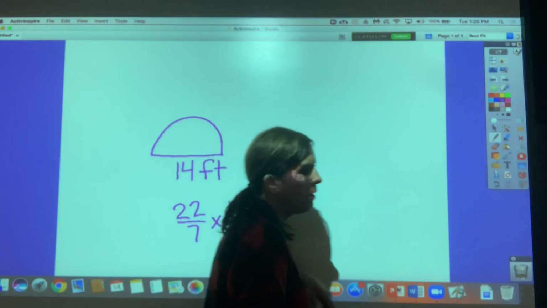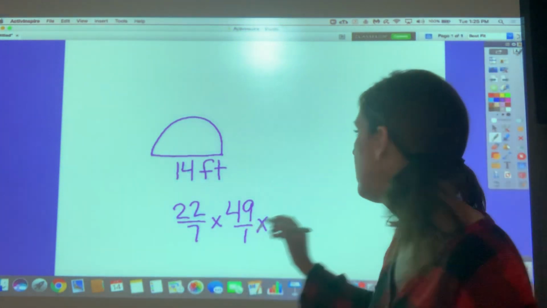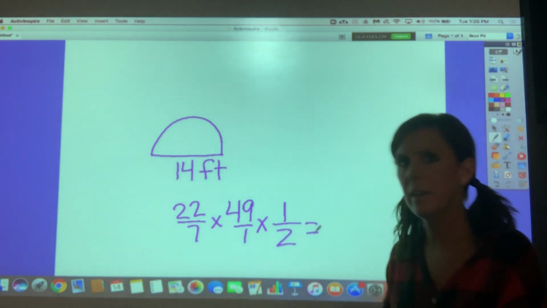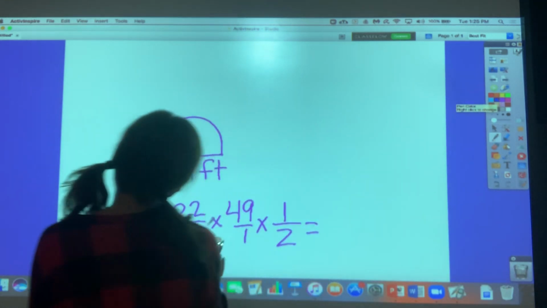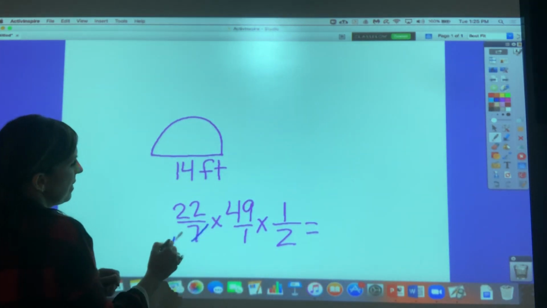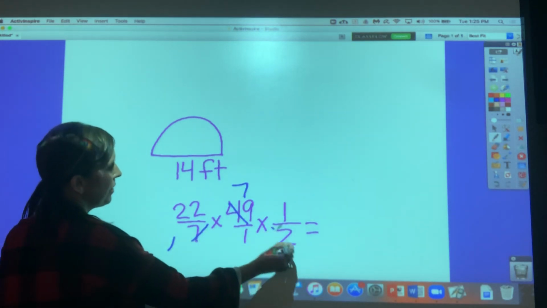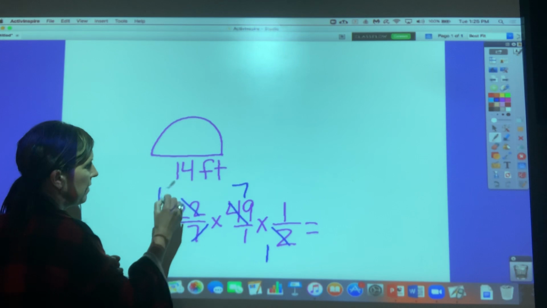Then again, like when we did circumference, we only have half of a circle, so we need to multiply by half at the end. Now we're going to see if we can cancel. 7 goes into itself once, and 7 goes into 49 7 times. 2 goes into itself once, and 2 goes into 22 11 times.